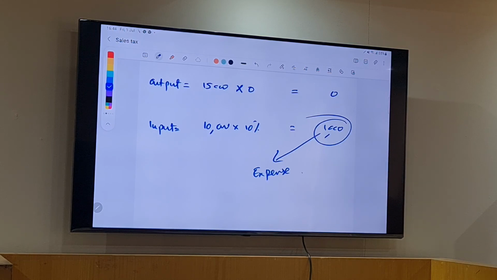So now tell me, what will be the cost for an unregistered person? What was the input cost here? 11,000. 10,000 is already a cost, and this 1,000 which I paid to him, I cannot recover, because I cannot go to the department. You cannot get it because you are not a registered supplier.